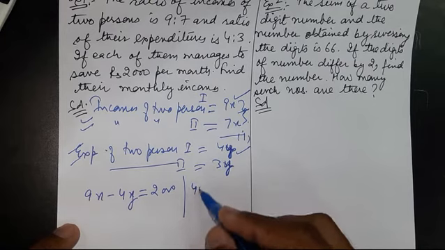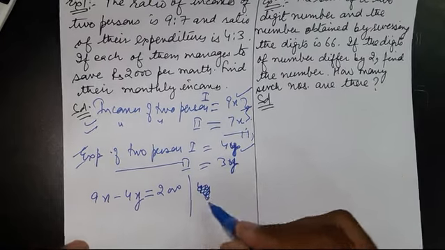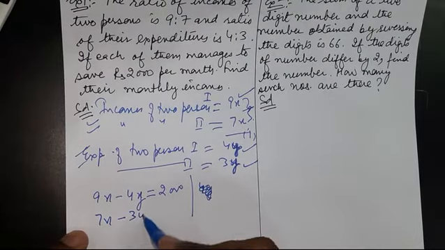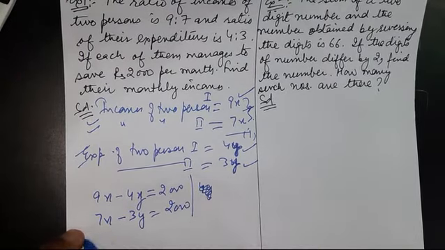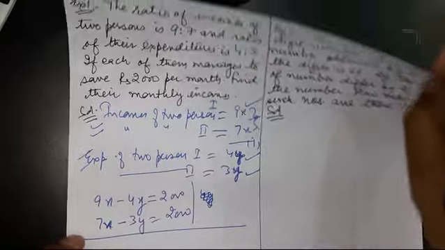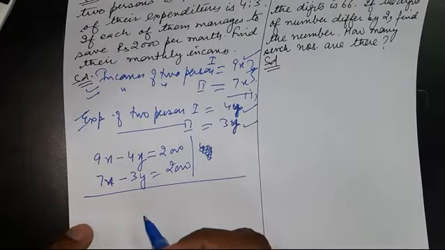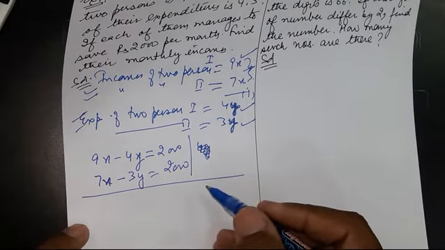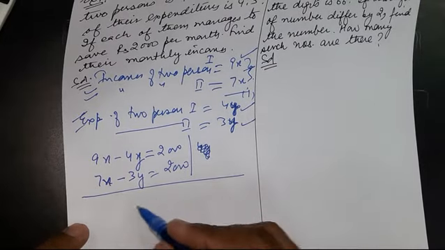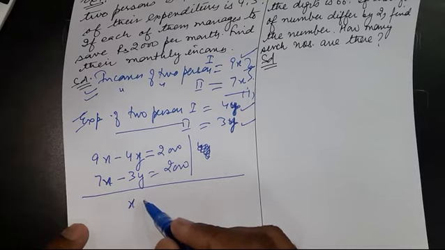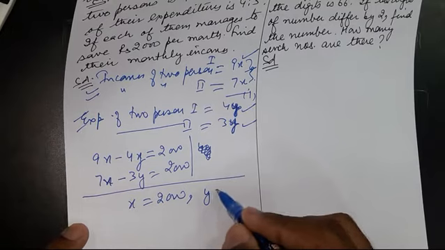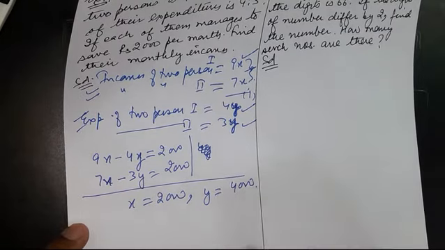So similarly, 7x minus 3y is equal to 2000. Just solve these equations by elimination method or else. I hope you can solve them, and you will get x as 2000, and y you will get as 4000.